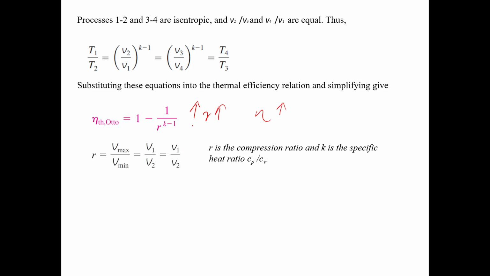Now the compression ratio equals V max divided by V minimum. That's when your piston goes like this, so this is V minimum and this is V max. To increase that, you can either increase the bore diameter, or you can increase the stroke.